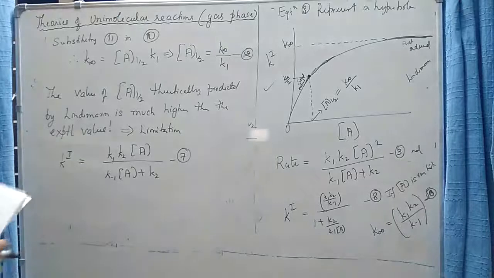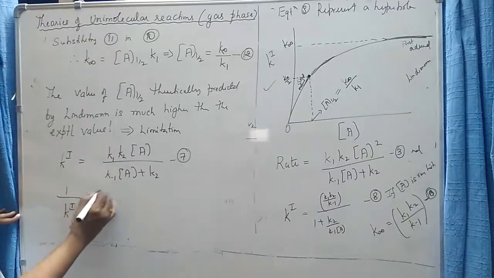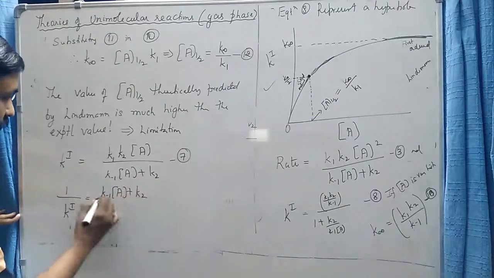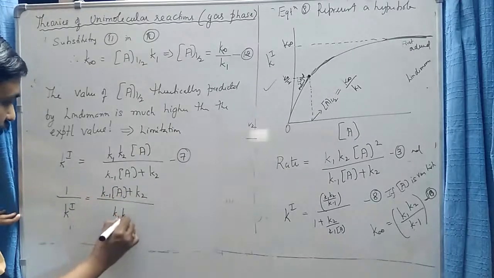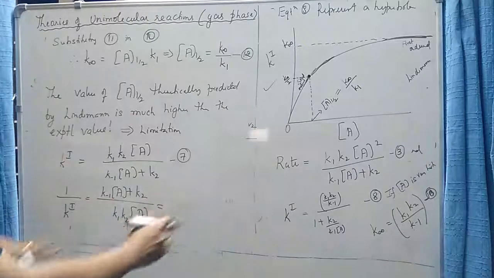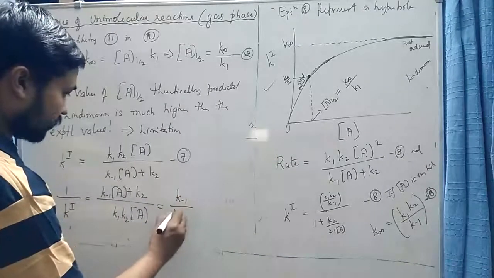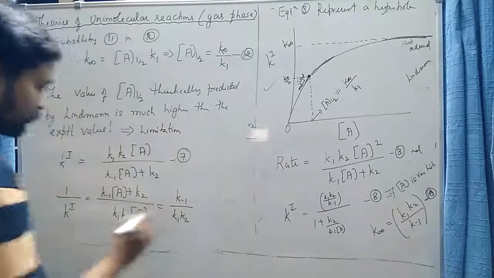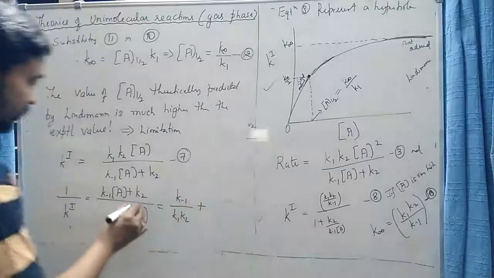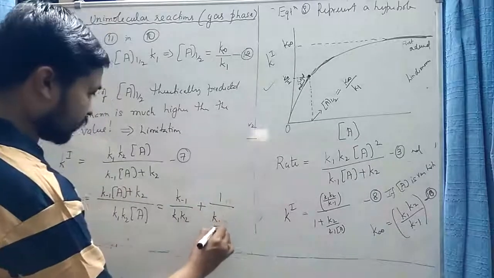The reciprocal is 1 by k1 is equal to k minus 1 into a plus k2 divided by k1 into k2 into a, which, if we split the denominator, becomes k minus 1 divided by k1 into k2, a gets cancelled, plus the second term, k2 gets cancelled, divided by k1 into a.